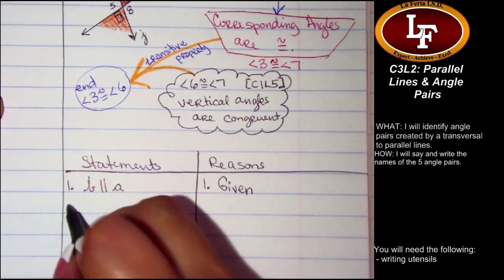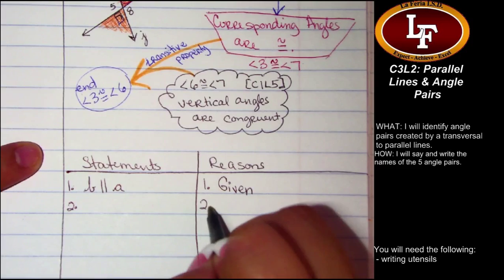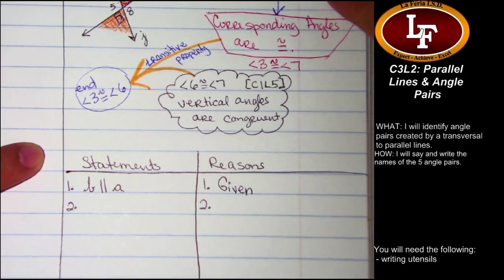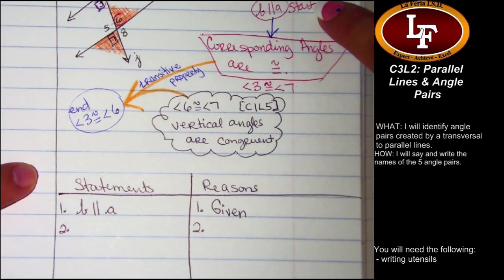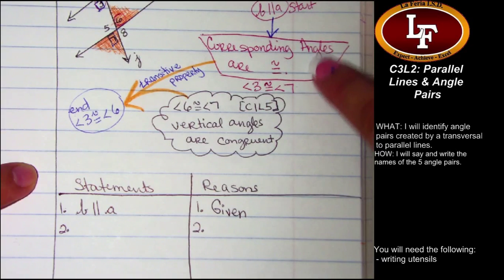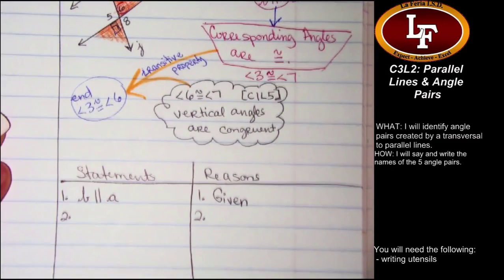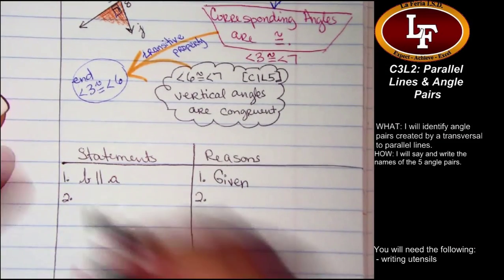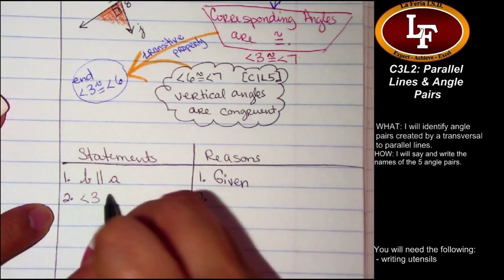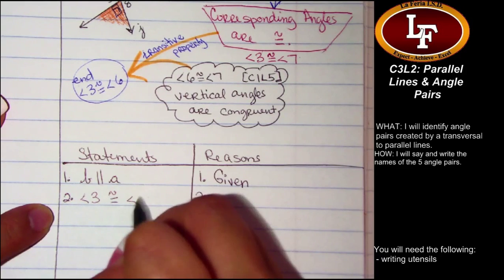All right. What was the next thing that we said after the given? So here's our given, our start. The very next thing was this thing about corresponding angles. That they're congruent, which gave us that angle 3 is congruent to angle 7. So our statement is angle 3 is congruent to angle 7.